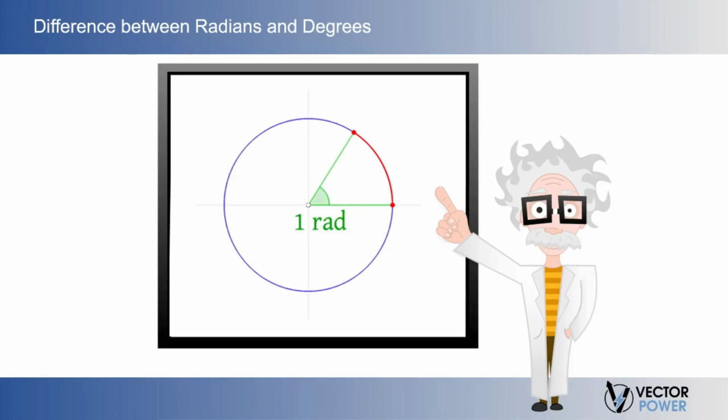When the beginning point of the line and the end point of the line are connected to the center, the lines form an angle. This angle is known as 1 radian. This radian can then be measured into the circle to see how many radians it takes to measure one circle. However, the answer is not straightforward.